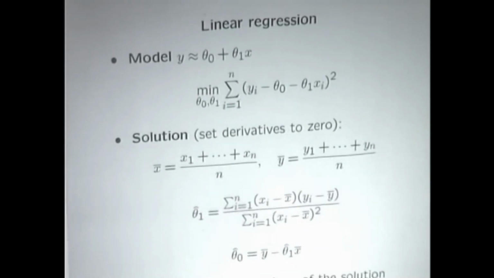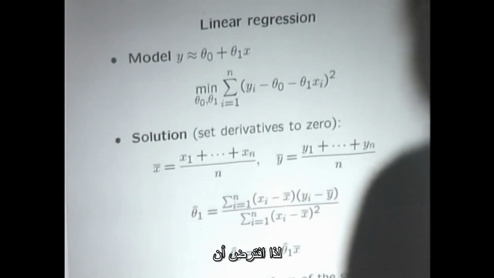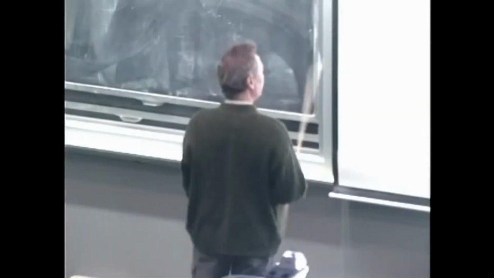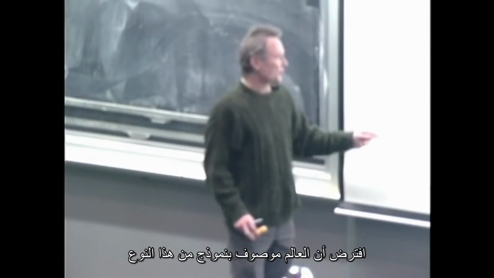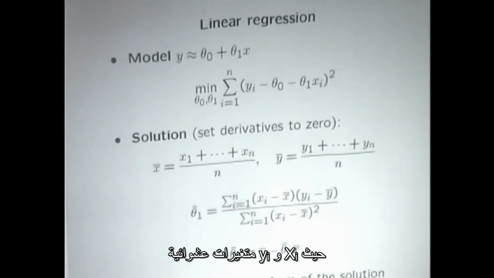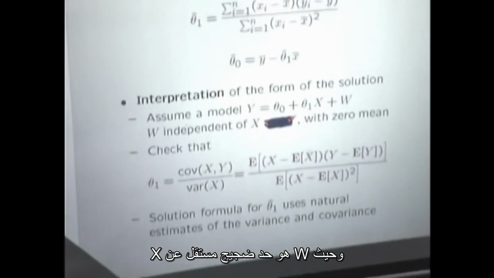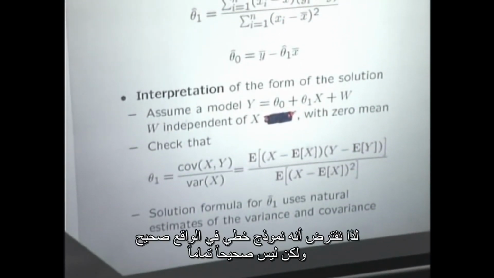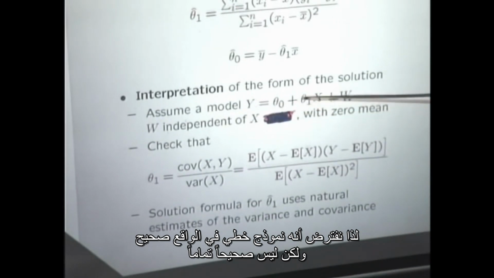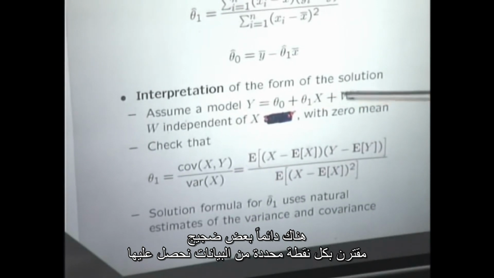Let's see how we can interpret them. So suppose that the world is described by a model of this kind, where the x's and y's are random variables, and where w is a noise term that's independent of x. So we're assuming that a linear model is indeed true, but not exactly true. There's always some noise associated with any particular data point that we obtain.